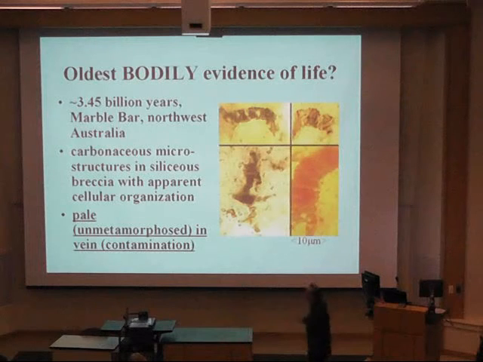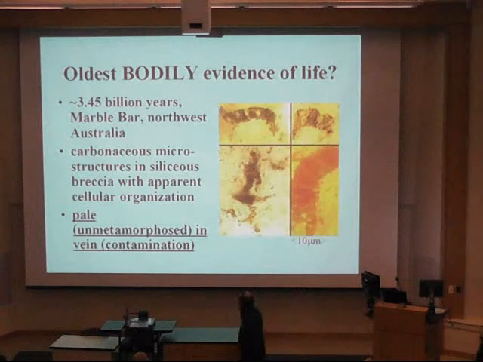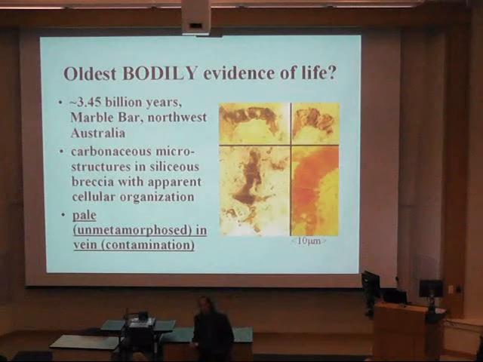You'll notice that these things, though they're composed of organic matter, aren't black. They go from a sort of orangey brown through a yellowy brown through a mid-brown to a greyish brown. They're not black. These things are almost certainly contamination.